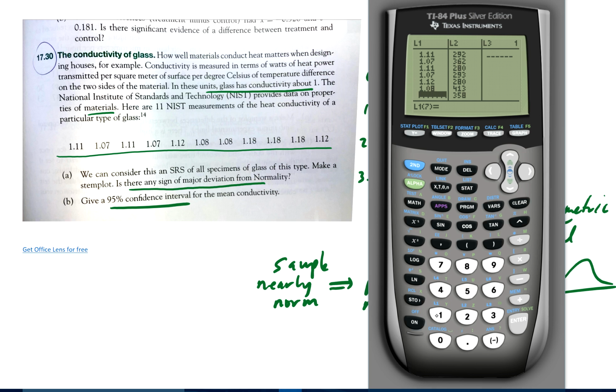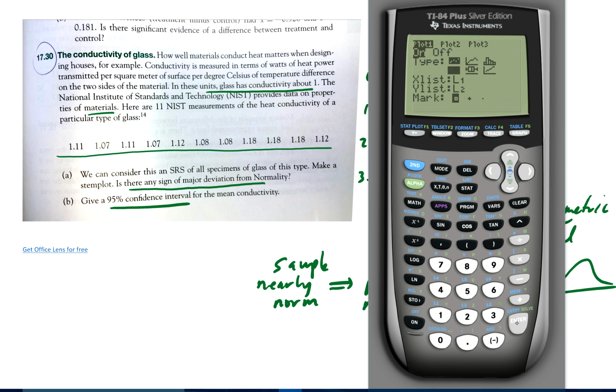The reason I'm putting it on my calculator is because a stem plot is hard to make by hand, and I can make other plots on my calculator to see if it differs from normality, or to see if it's roughly unimodal and symmetric. Basically no big outliers is what we're looking for. The easiest one to make is a box plot.